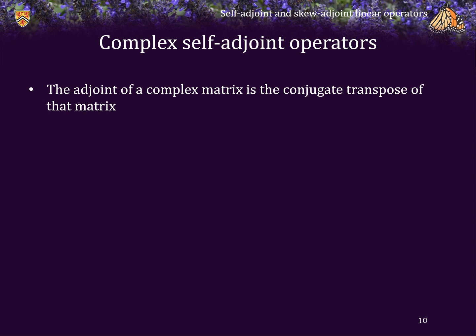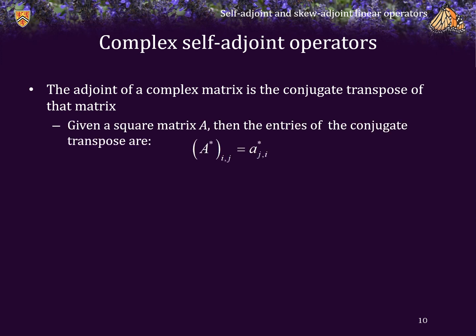Now, the adjoint of a complex matrix is the conjugate transpose of the matrix. So given a square matrix A that is complex, the ijth entry of the conjugate transpose is equal to the conjugate of the jith entry of the matrix.